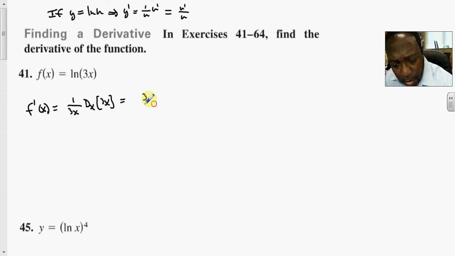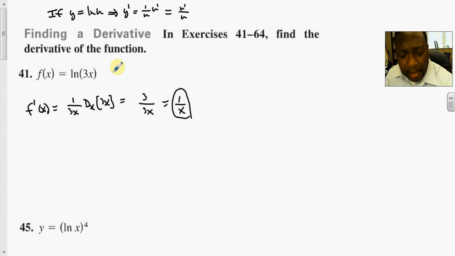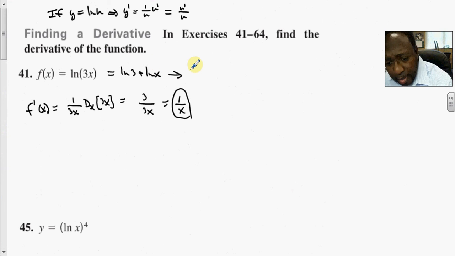So this is 3 all over 3x, and that just gives us 1 over x. Now, if you expanded that out, this is just another way of doing it. This becomes the natural log of 3 plus the natural log of x. Now, taking that f prime, the derivative of a constant is 0, and the derivative of natural log of x is just 1 over x. So either way you do it, whether you use the algebra to expand, then take the derivative, or just use your calculus directly, you get the same answer.